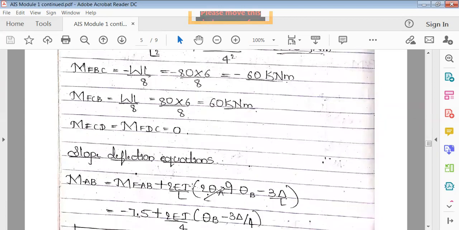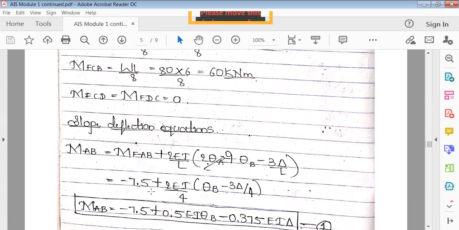So slope deflection equation is MAB. As usual, first MAB is equal to MFAB plus 2EI by L, times 2 theta A plus theta B minus 3 delta by L. Then theta A is fixed support, so equated to 0. And delta exists because there is a sway happening, a horizontal movement happening.